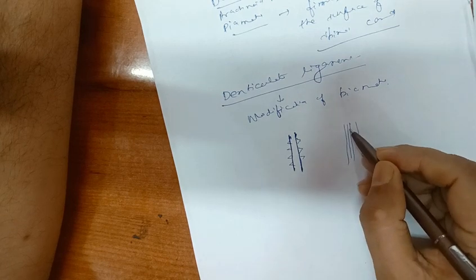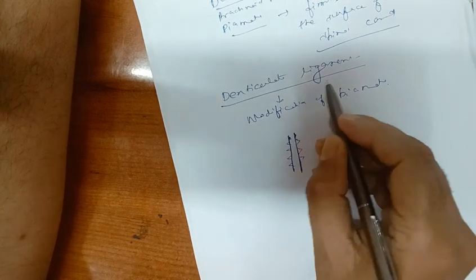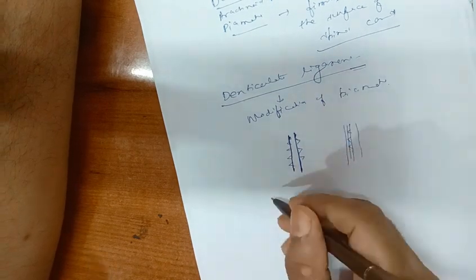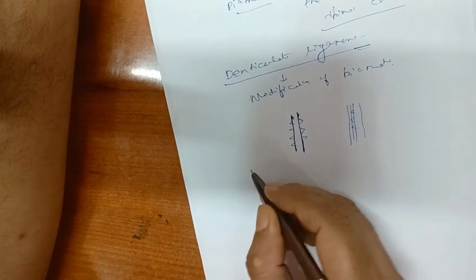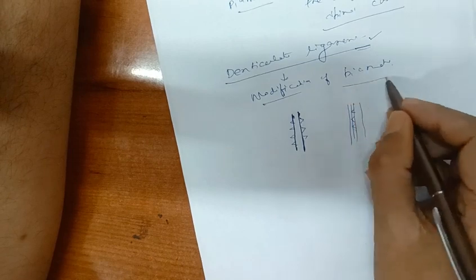From this pia mater, a triangular extension arises, that is called the denticulate ligament. The denticulate ligament is the modification of the pia mater.